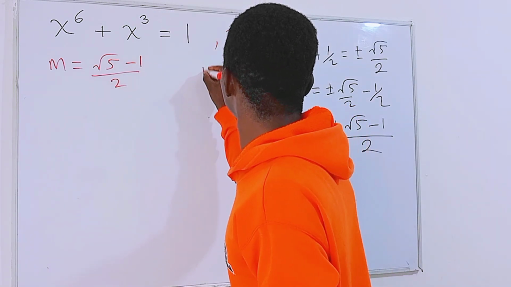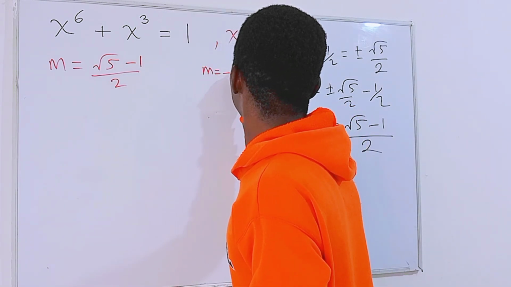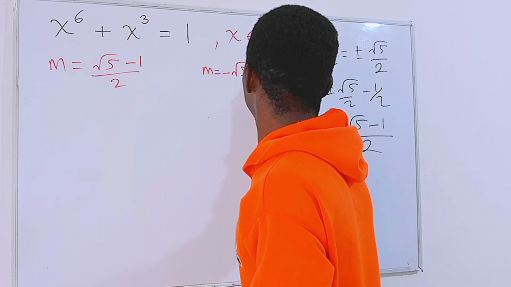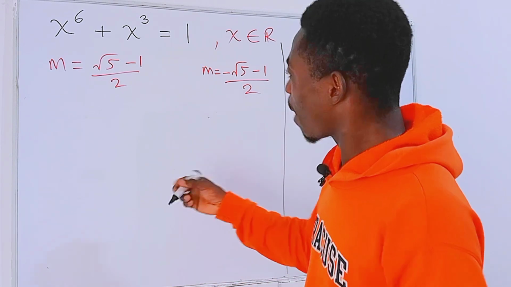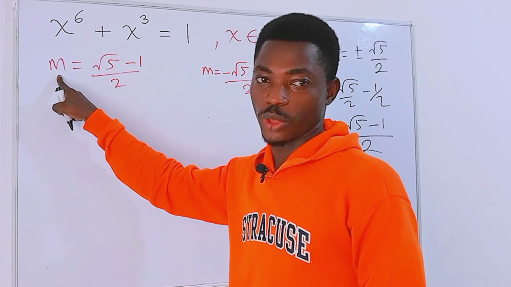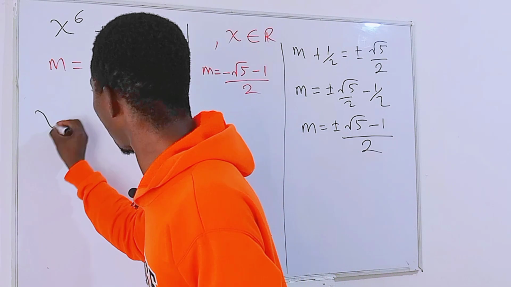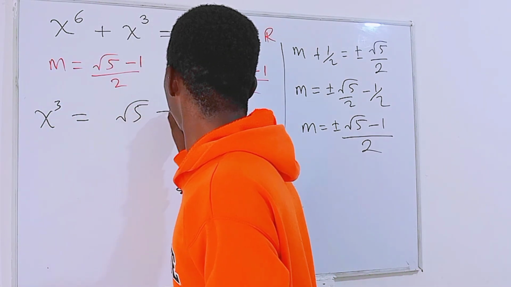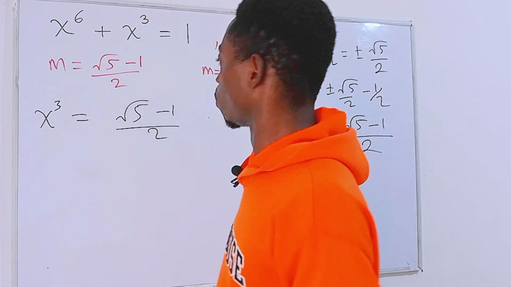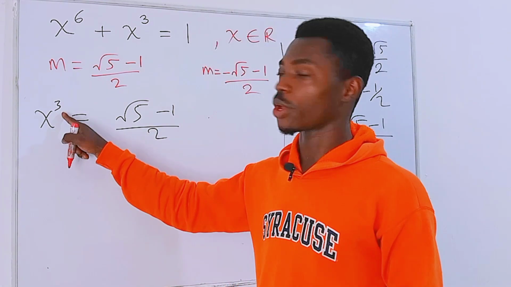Then the second one is m is equal to minus square root of 5 minus 1 all divided by 2. Cool. But remember, we let m equal to x to the 3rd power. So therefore, x to the 3rd power is equal to square root of 5 minus 1 all divided by 2. We are looking for x and we have x to the 3rd power right here.